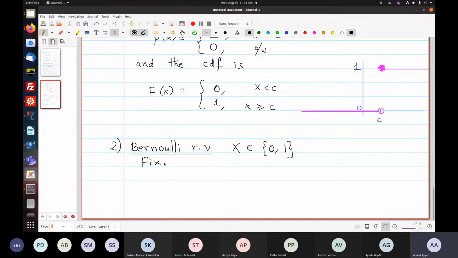So fix some p between 0 and 1 inclusive.